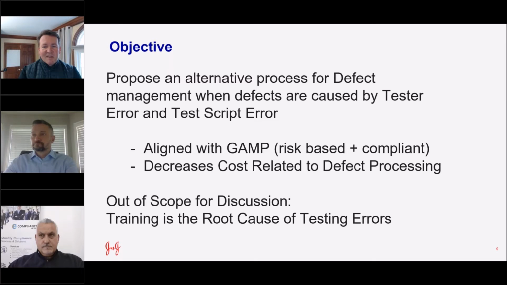And sometimes, especially if you're using very detailed step-by-step test scripts, the script is not well written, and it actually leads to a defect, but it's not because there is something wrong with the application. It's just that the script led to that defect. So what I'm going to be sharing with you is something that is aligned with GAMP.